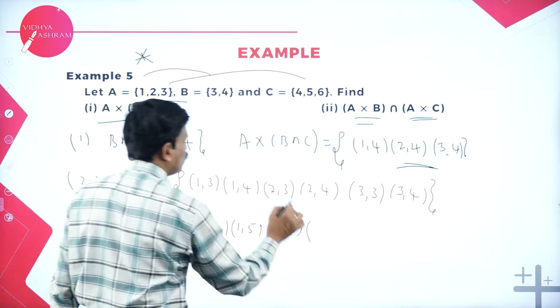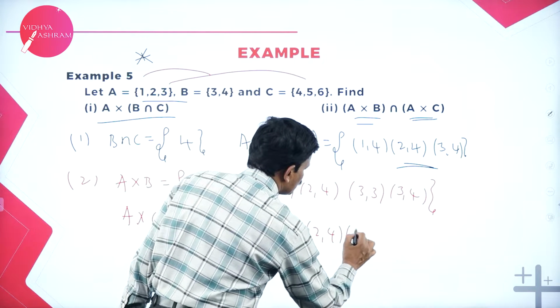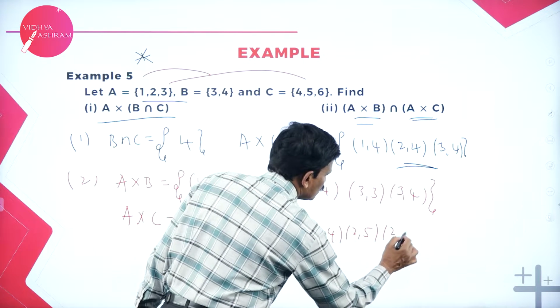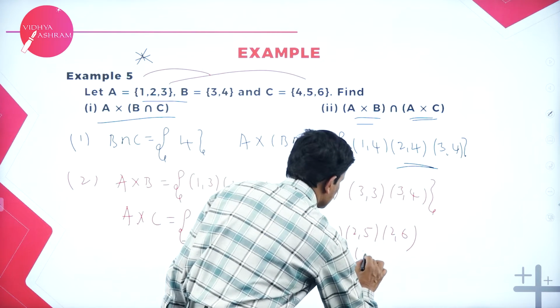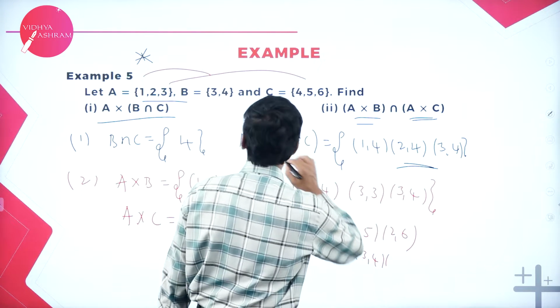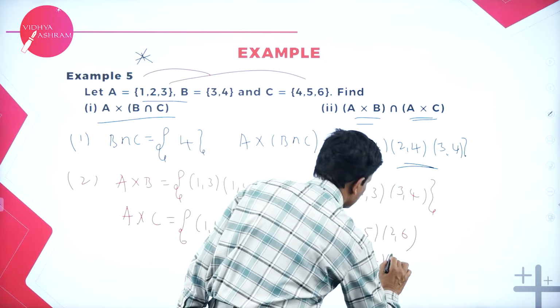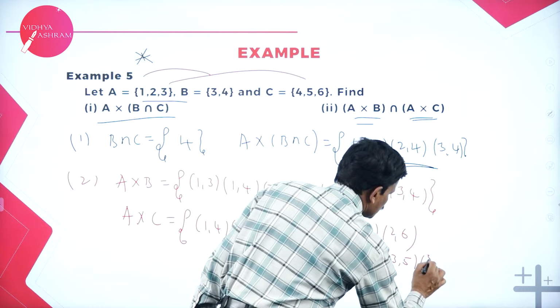Similarly, take the second element: (2, 4), (2, 5), (2, 6) and (3, 4), then (3, 5) and (3, 6).